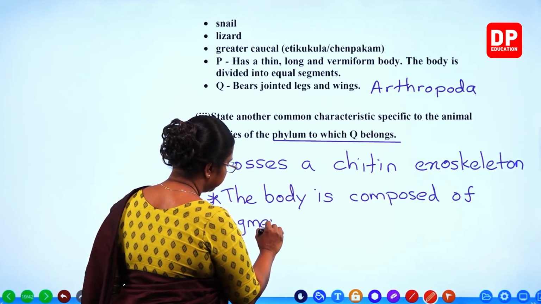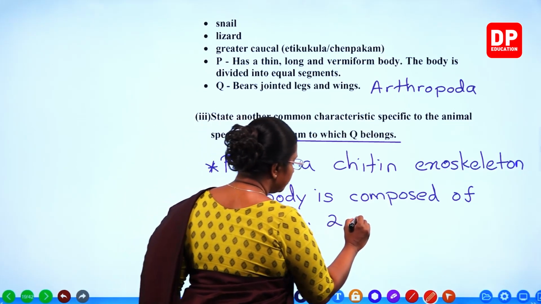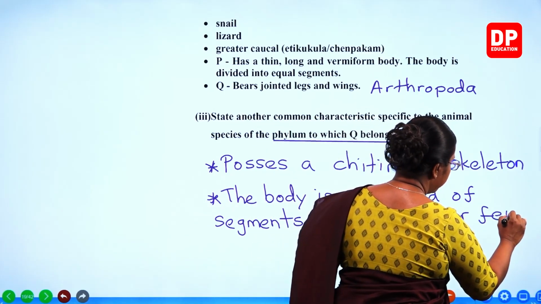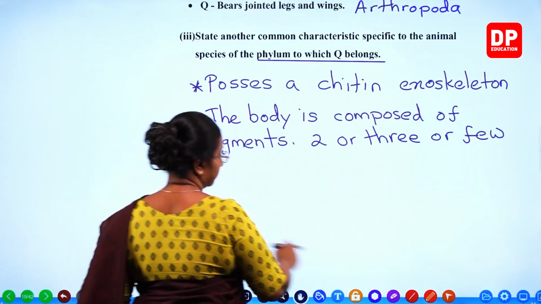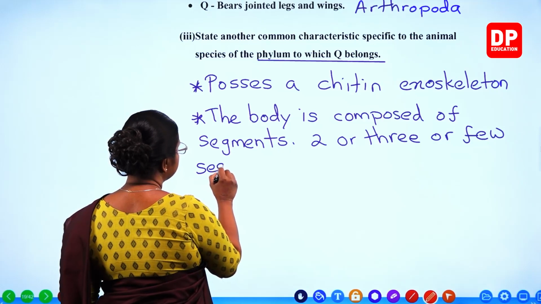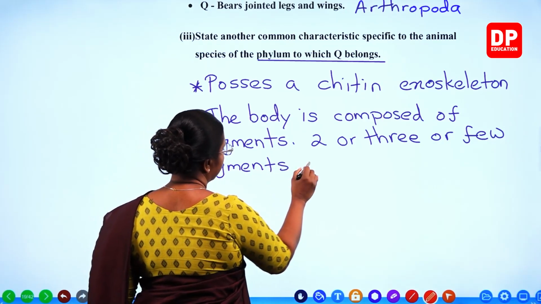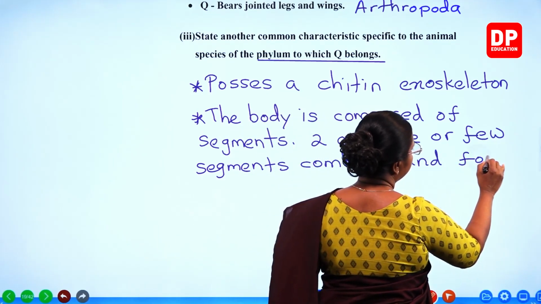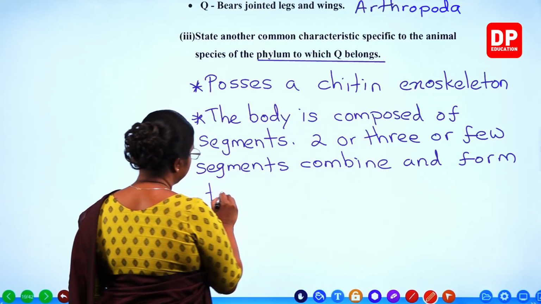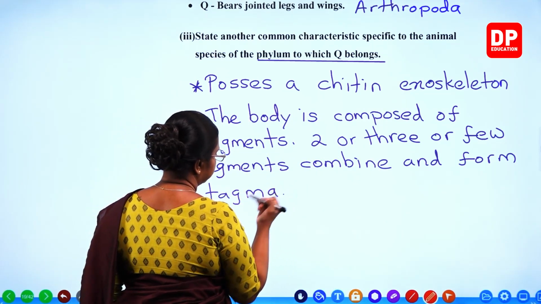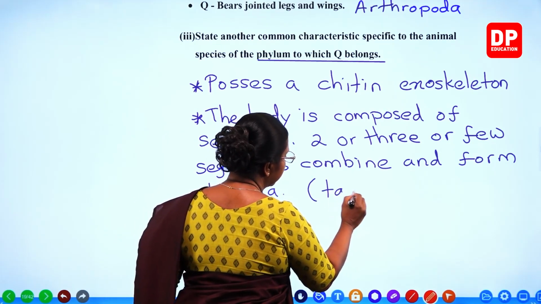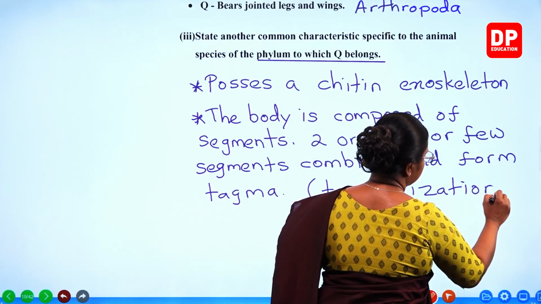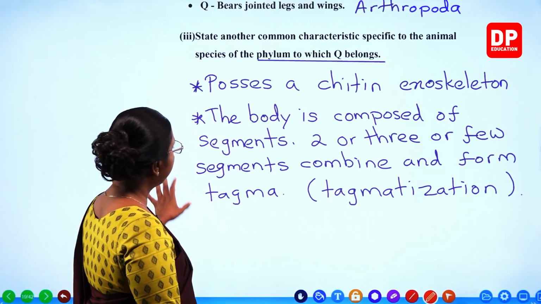Two or three or a few segments combine and form tagma. This can be called tagmatization. So you can write one of the two.